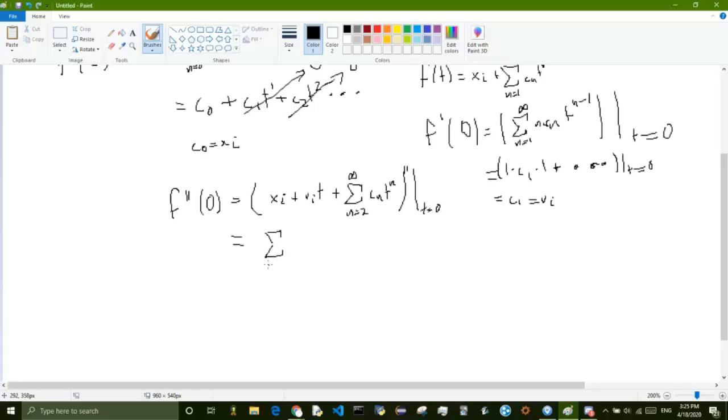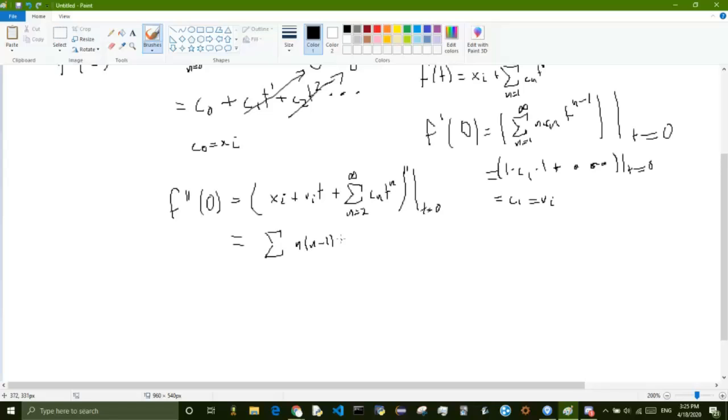By the way, I'm just going to omit the n equaling 2 to infinity from now on, just for speed. We've evaluated the derivative, and we want to evaluate this at t equals 0. I hope you see where this came from. n hops down, it's t to the n minus 1, then n minus 1 hops down, and then you subtract 1, right?